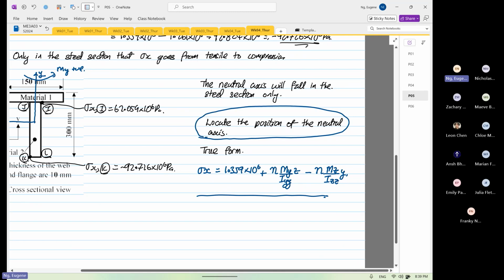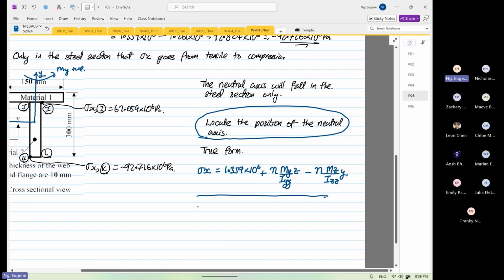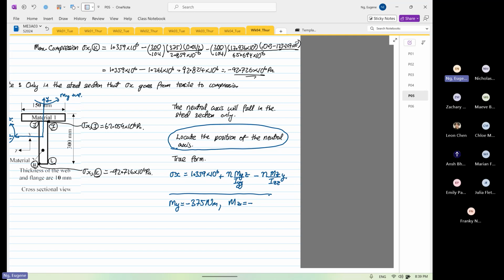So write this down first. Based on the true form, we know that My will now be minus 375, and then Mz will be equal to minus 117.936 times 10 to the power 3 Newton meter.